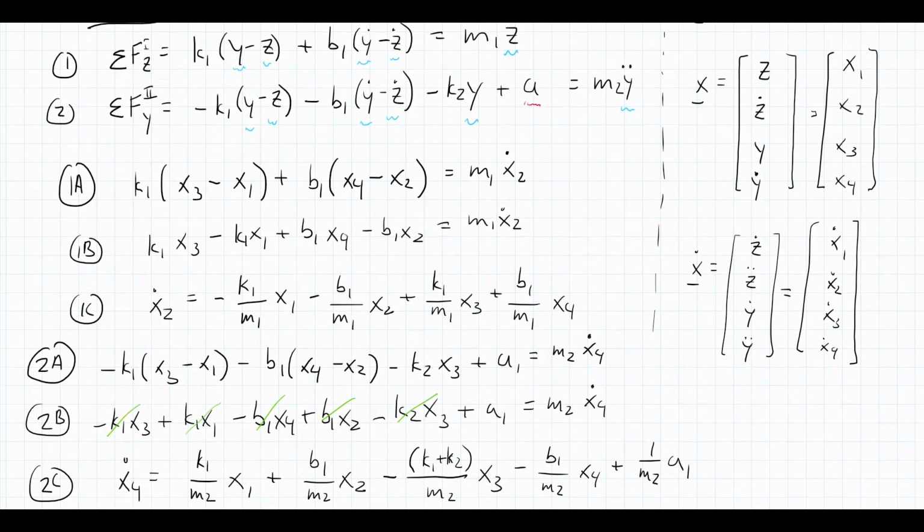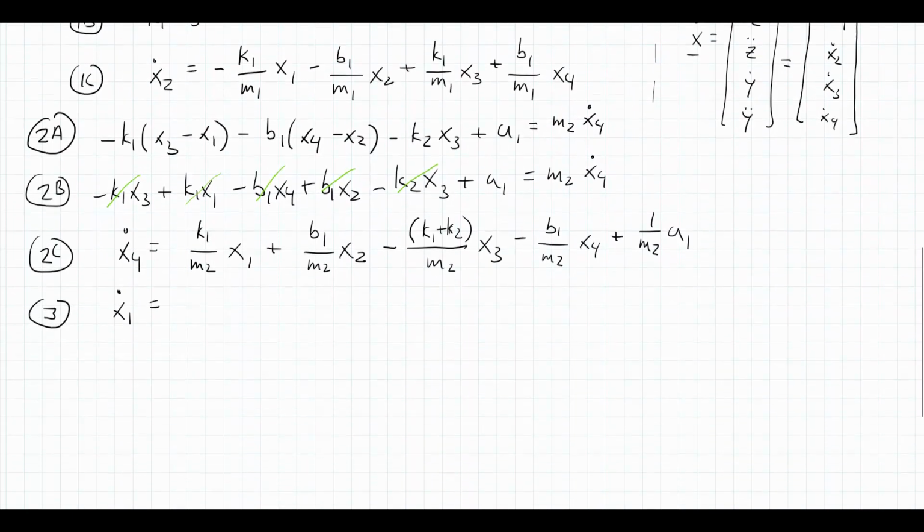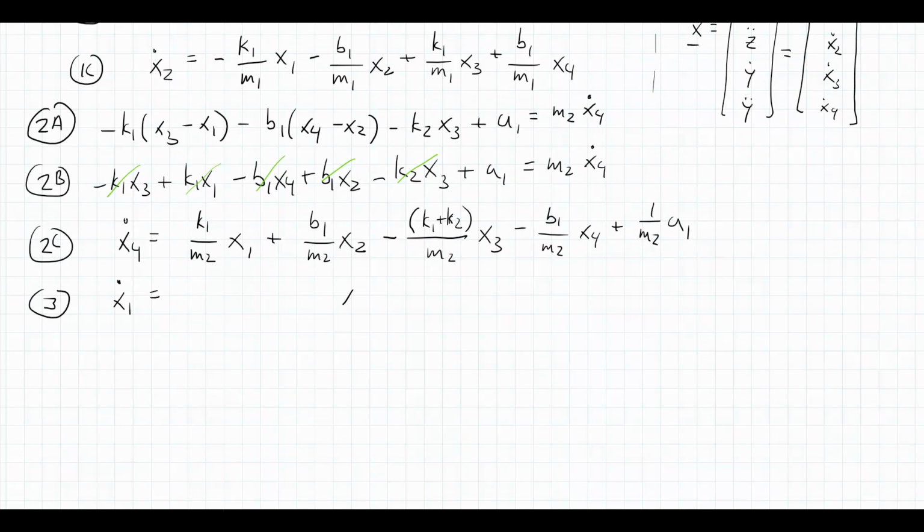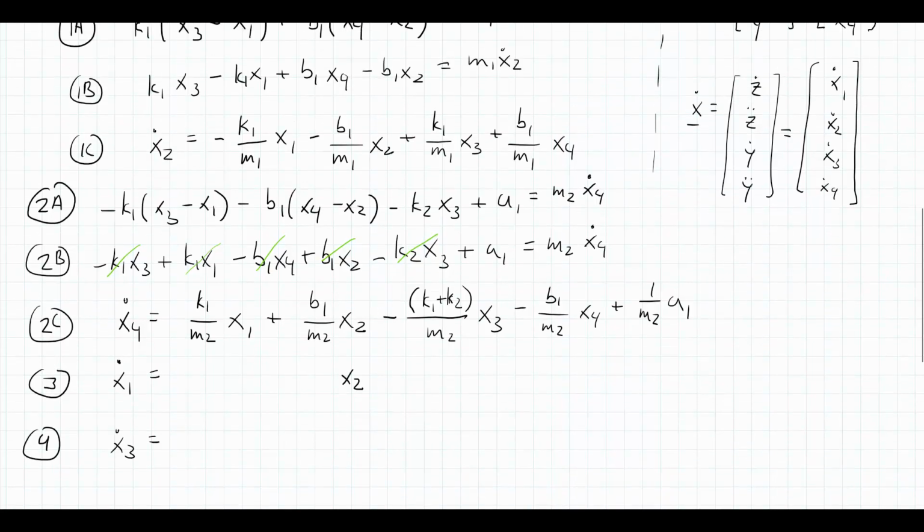x1 dot, this is the mapping. x1 dot is z dot, but z dot is also x2. Therefore, x1 dot is also x2. Simple as that. And I have now an x1 dot, an x2 dot, an x4 dot. I need an x3 dot expression, again coming from mapping.